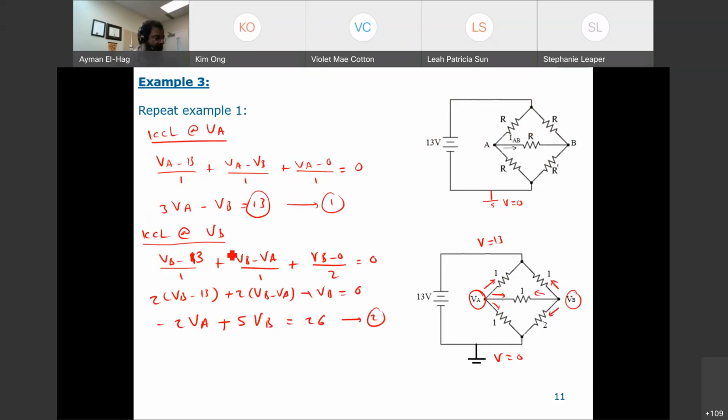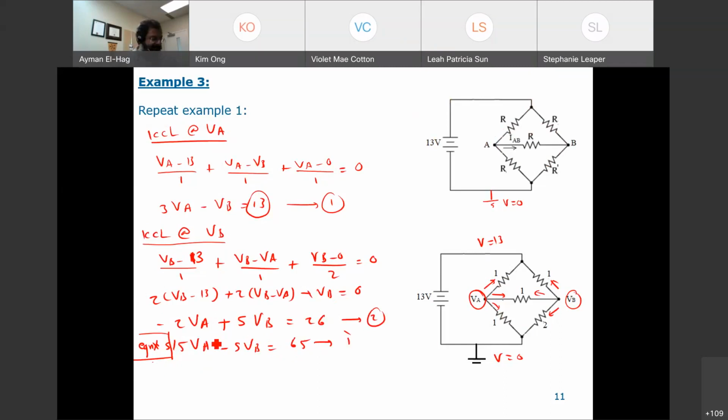So you have 2 equations. If I take equation 1 and multiply it by 5 to get rid of 5VB, this becomes 15VA minus 5VB equal to 65, and this is your 1 prime.